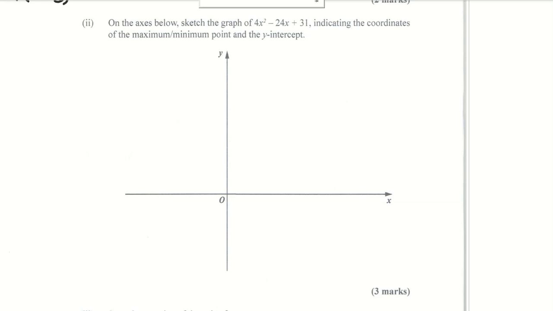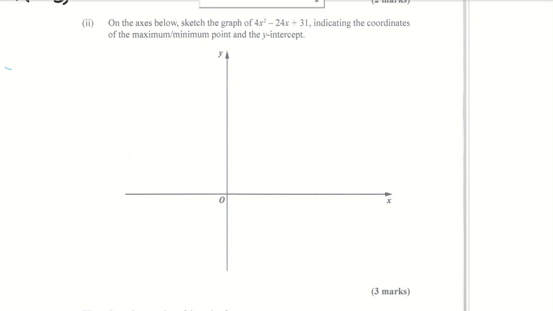Part 2. On the axis below, sketch the graph of the quadratic equation 4x squared minus 24x plus 31. Indicate the coordinates of the maximum or minimum point and the y-intercept. First off, when you are sketching a graph, there are a few things that you have to recognize.